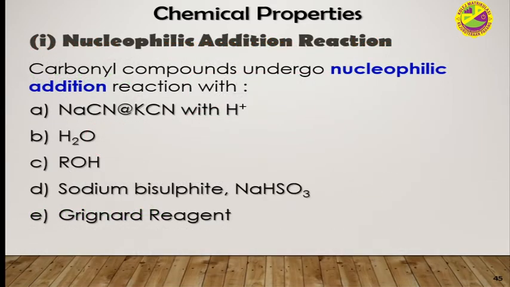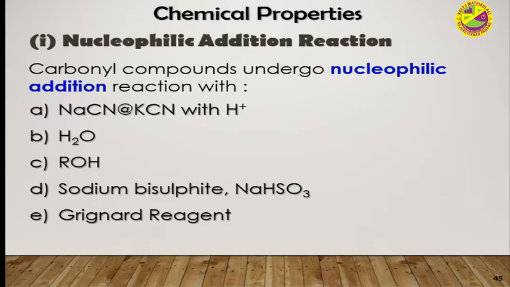Nucleophilic addition reaction. Carbonyl compounds undergo nucleophilic addition reaction with A. NaCN or KCN with H+, B. H2O, C. ROH or alcohol, D. Sodium bisulfite NaHSO3, and E. Grignard reagent.